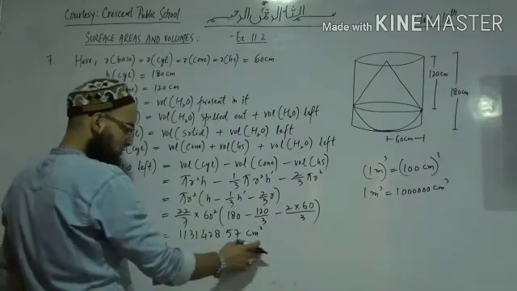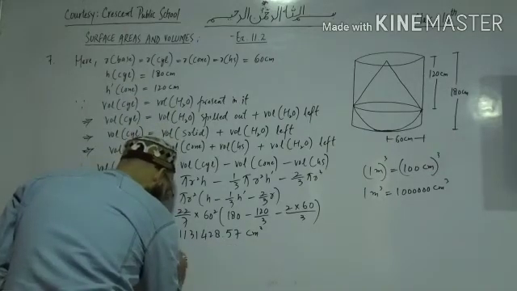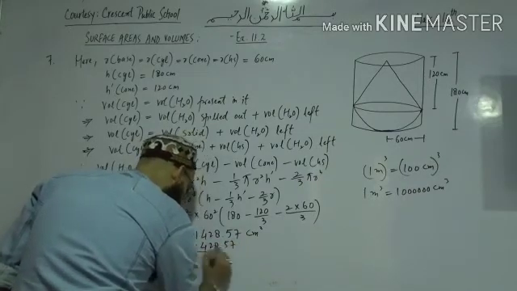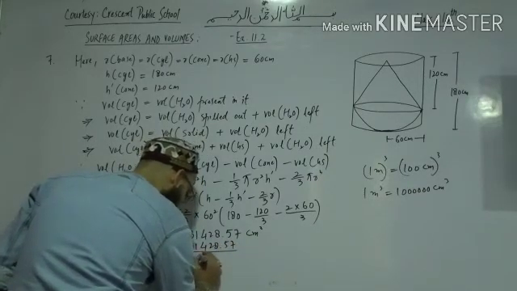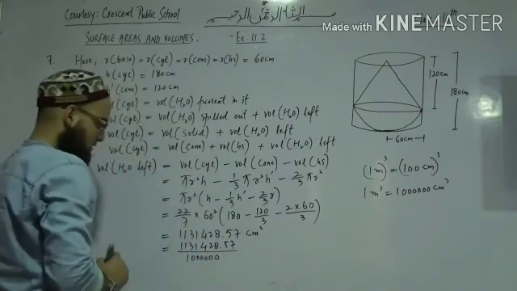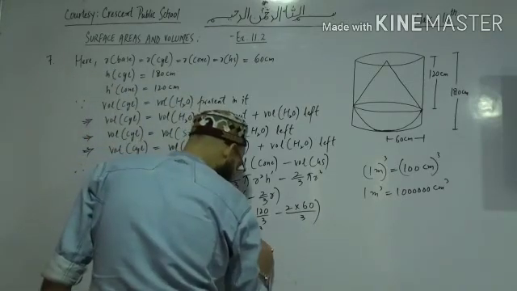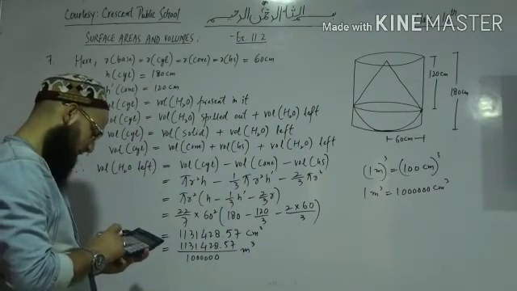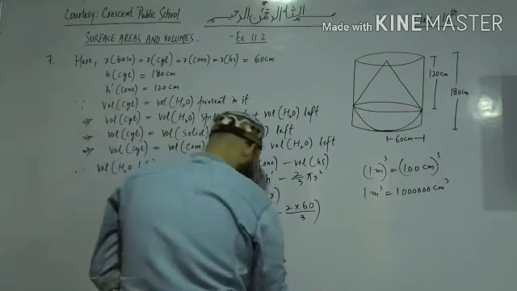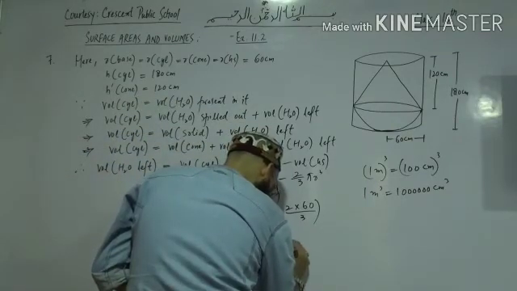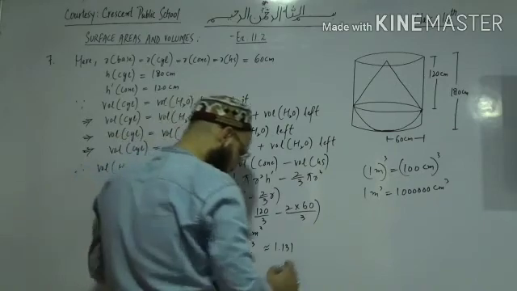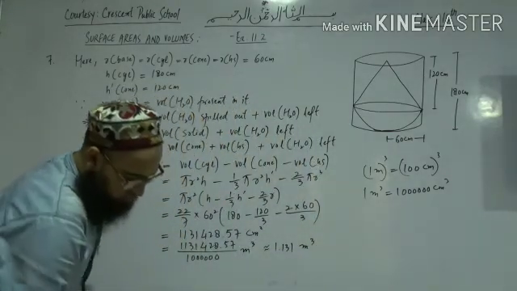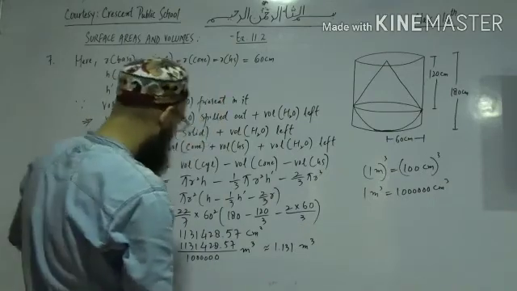So these many cubic centimeters I divide by 1 million, and I'll get the volume in cubic meters, which is 1.131 cubic meters.